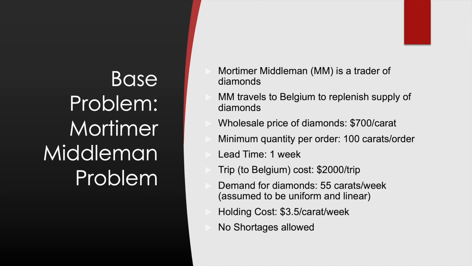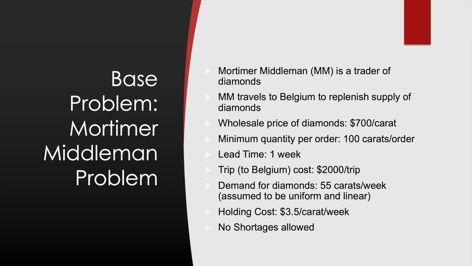Why? Because when you order in Pizza Hut, you will generally get your pizza after 30 minutes. Therefore, the lead time is 30 minutes. In this case, for Mortimer Middleman, what does a lead time of 1 week mean?